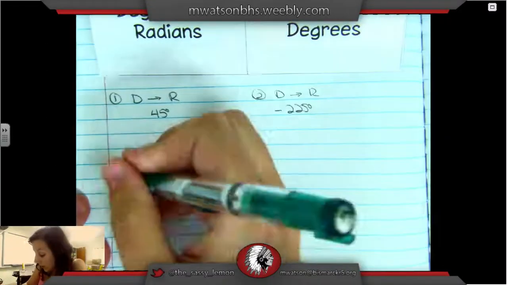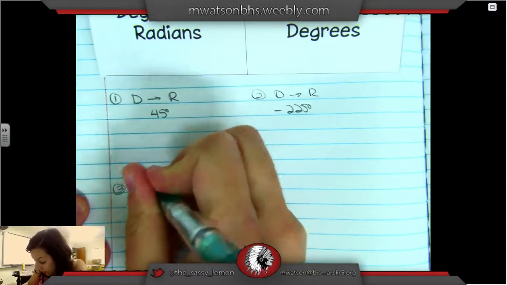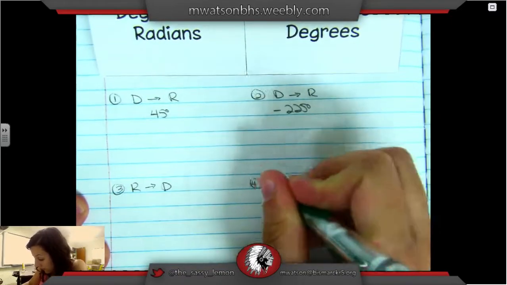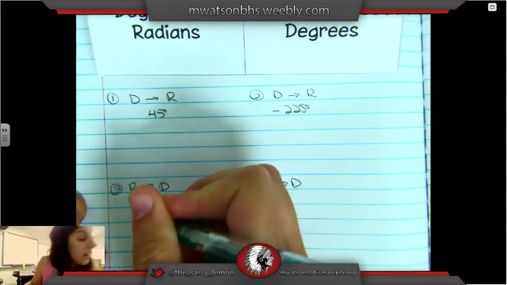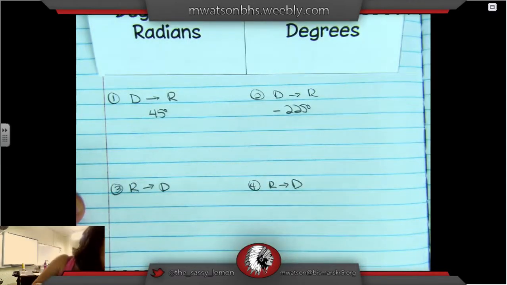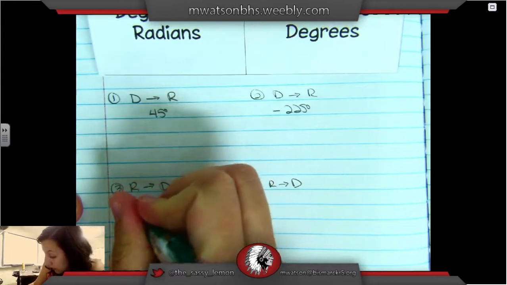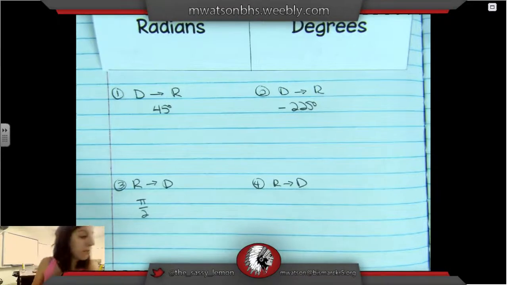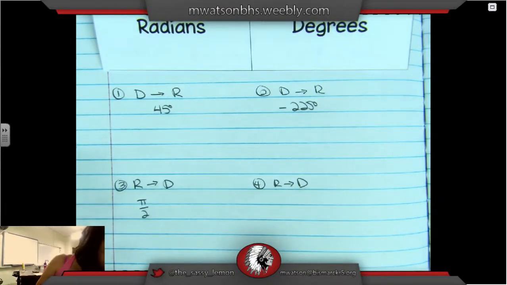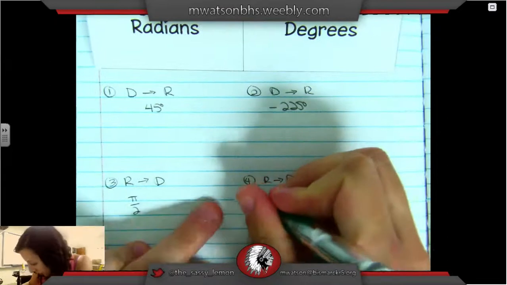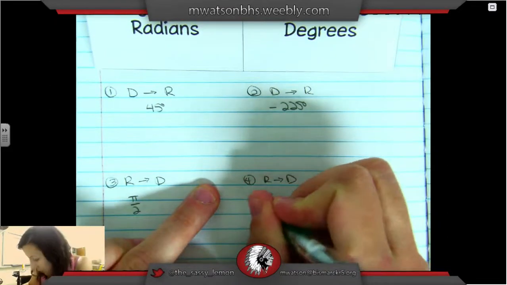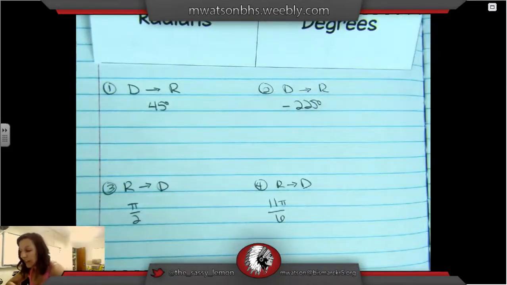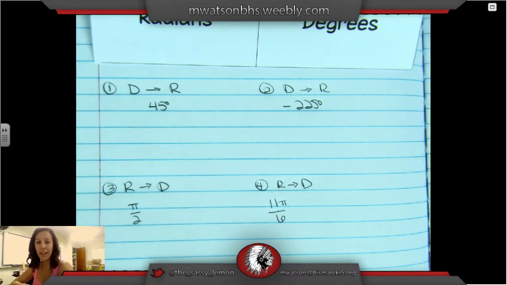Now, whenever you come down here and do radians, you're going to go to degrees. On this first one, I want you to do pi over 2, a really popular radian measure that you'll get really used to really fast. And then the next one I want you to do is a real odd one you won't see very often, 11 pi over 6. So try your hand at those, try to convert them, and tomorrow we're going to be working on converting and then memorizing.